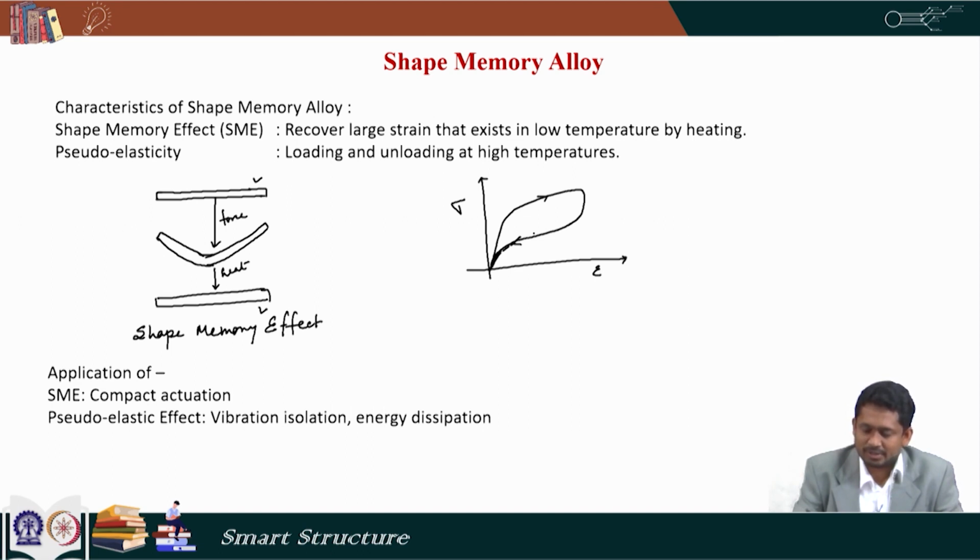Now, because after unloading it came back to where it started, it is kind of elastic behavior, but here the behavior is hysteretic. We can see that the loading and unloading paths are not same. So, this kind of behavior is generally associated with energy dissipation. So, this is called pseudo elasticity.